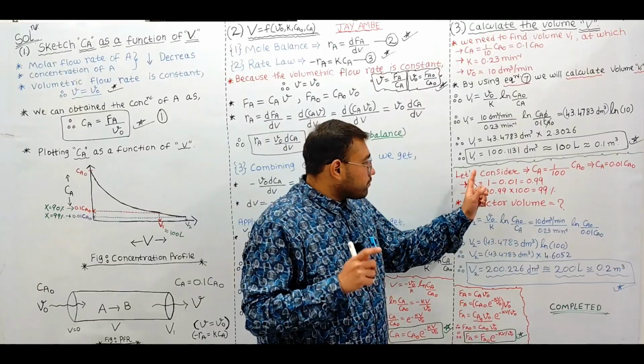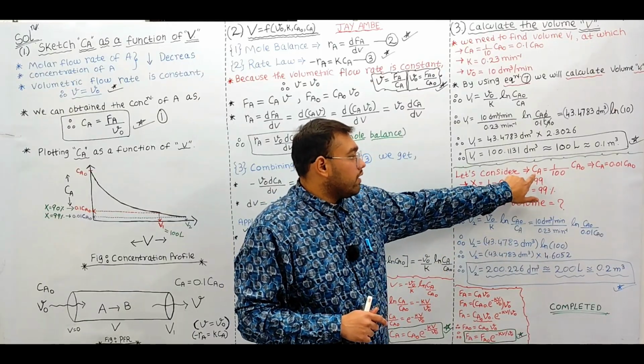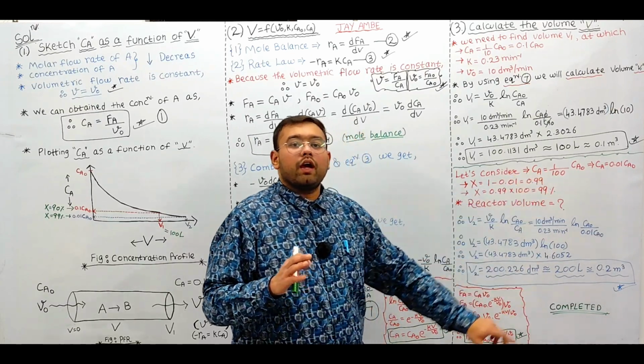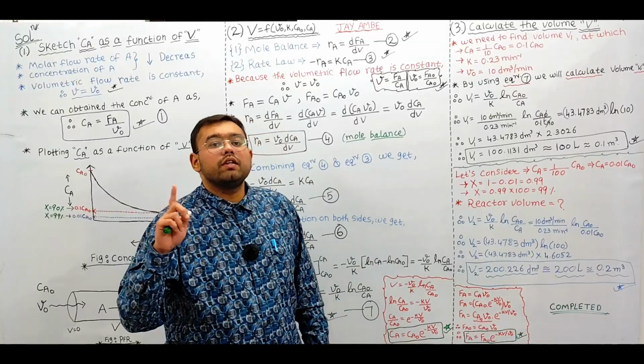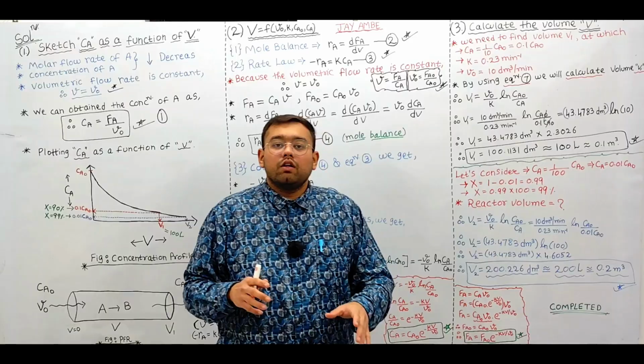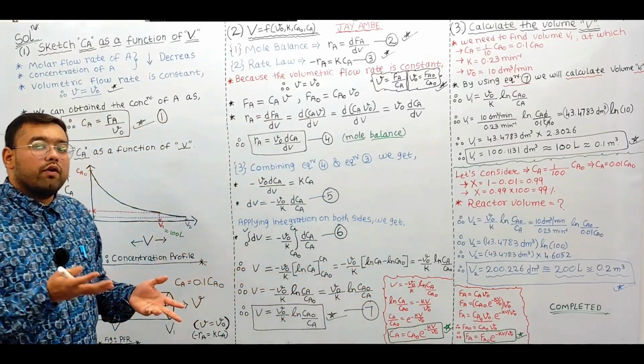So let's consider the outlet stream, where the concentration of reactants is 1% of the initial concentration, 1 by 100, which means the outlet stream consists of only a very trace amount of unreacted reactant.